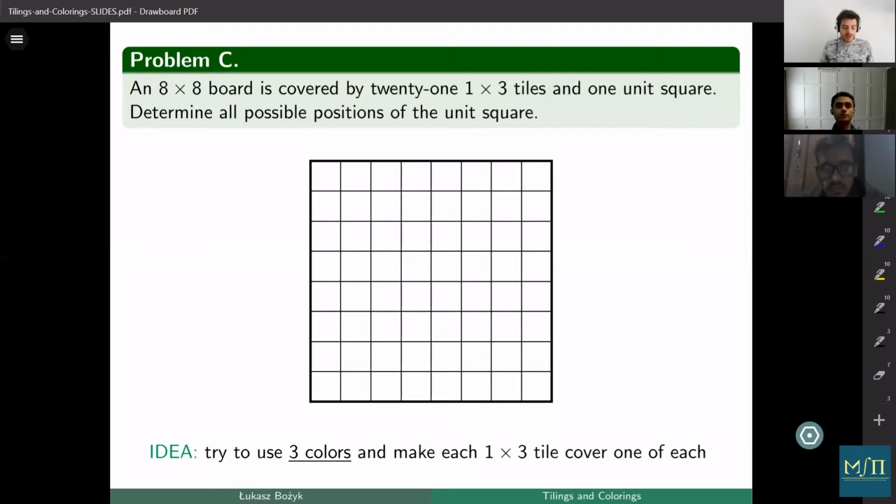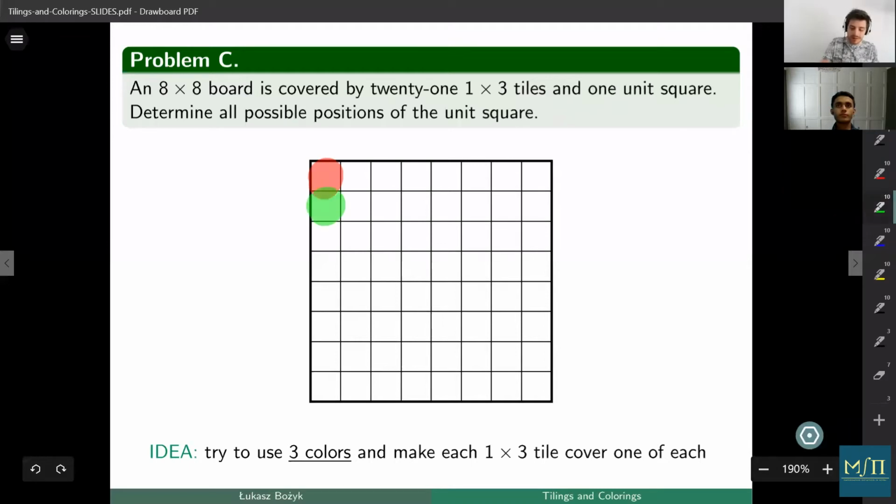So the idea would be to use now 3 colors, because our 1 by 3 tile has 3 cells, and try to make the coloring in a way that each such tile, regardless of where it's placed, would cover 1 cell of each color. So we can start, for example, with this potential tile, and color, say, this cell red, this green, and this blue.